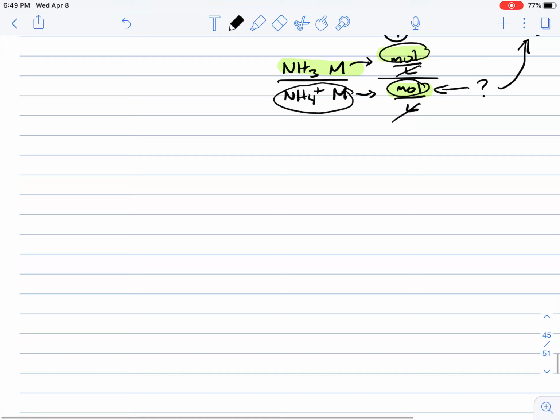So we're going to take 1.50 liters of ammonia, and then multiply it by 0.400 molar.